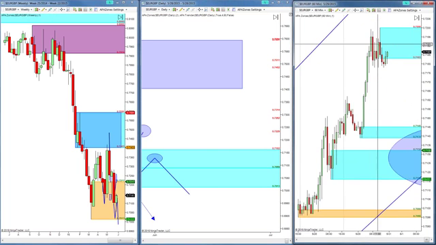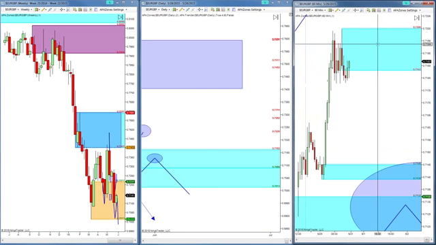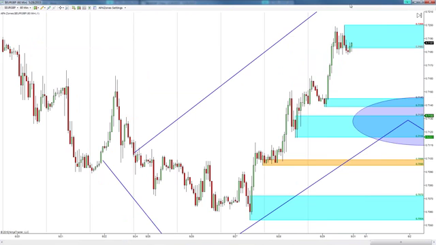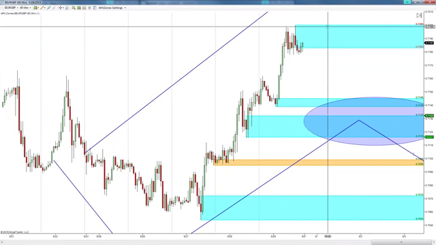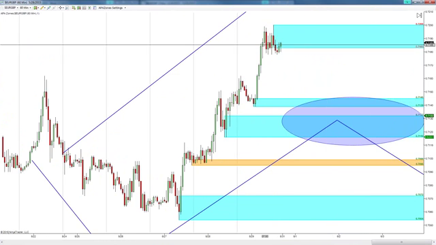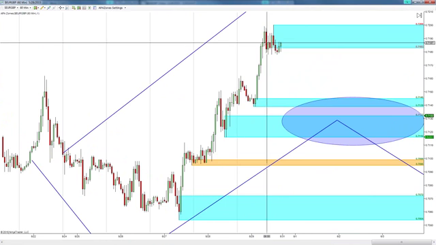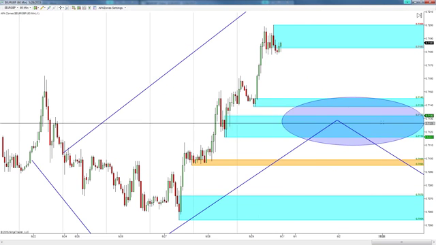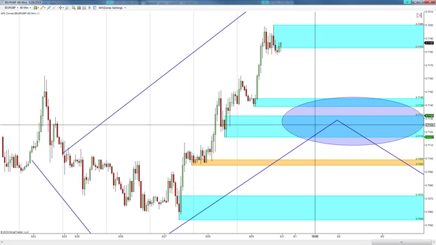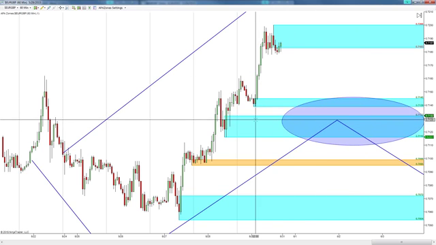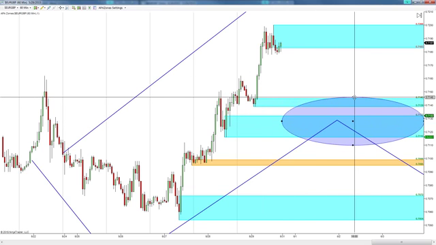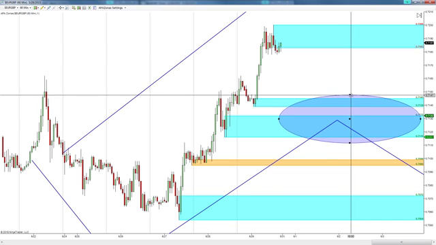If we come into this chart here, into our 60-minute time frame, it's gone a little bit higher than this, it looks like. So obviously we don't want to be looking at those two levels as being short, just because we've gone a little bit higher than where that circle is drawn out here.